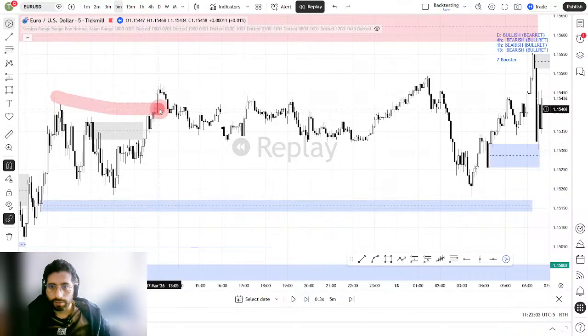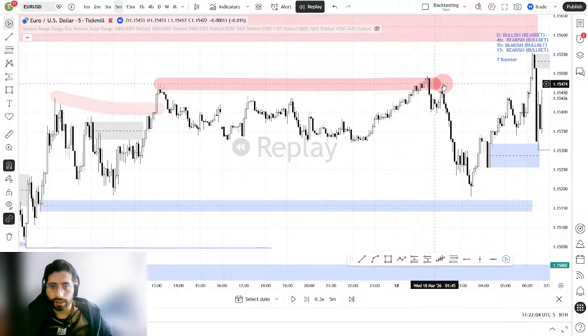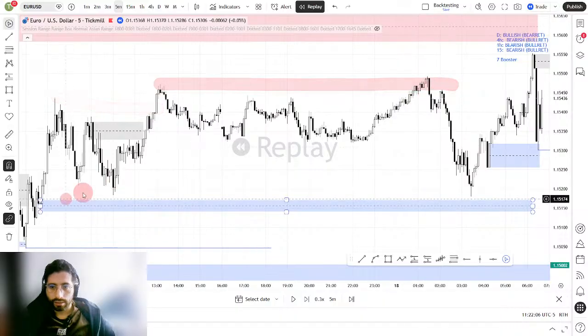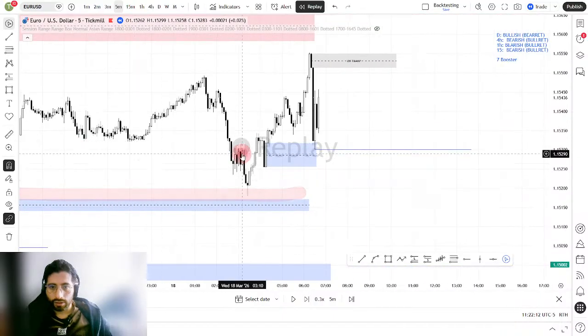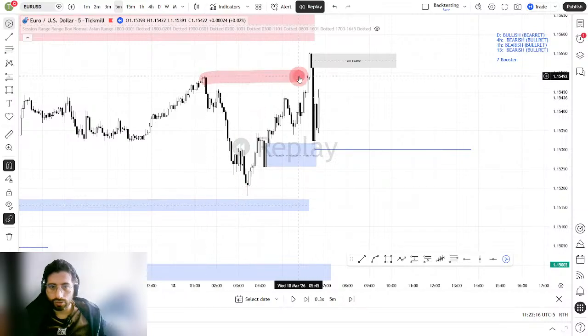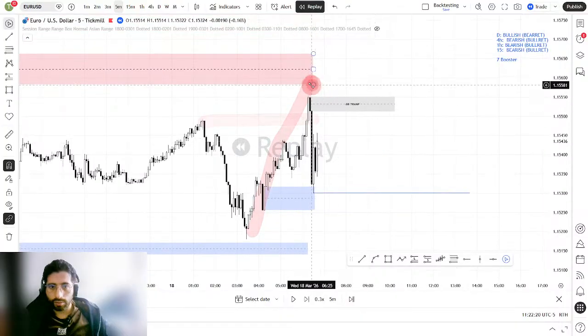Break this high with the body of the candle. Perfect. Then break this high with the body of the candle. This became the range beginning in 5 minutes, and then it reacted in the order block. Made the BOS. Boom, this BOS. And now here we are in a retracement and in the range beginning.